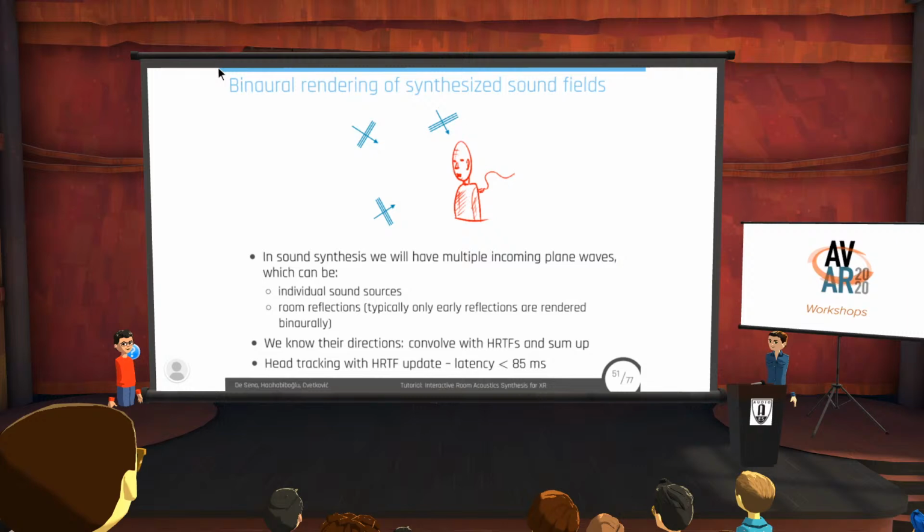And it is very important to update the system parameters fast, since any latency above 85 to 100 milliseconds will be noticed as a mismatch between visuals and sound, which will break the feeling of immersion, which is what we're after anyway. The number of sources and reflections to be rendered will determine how many HRTF filters need to be used and updated. That means in that short period of time where you're handling head movements, you will have to deal with all the updates of the system, including all of its HRTF filters, etc.